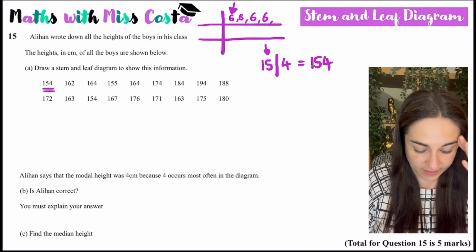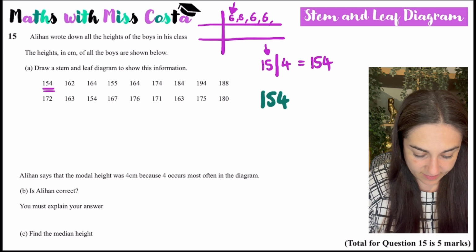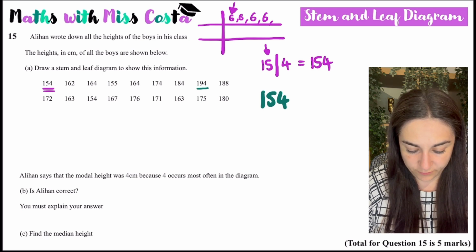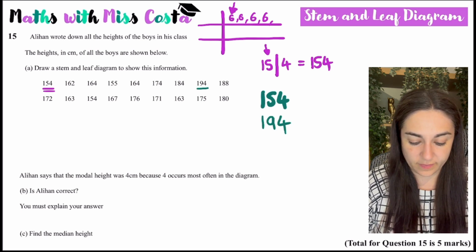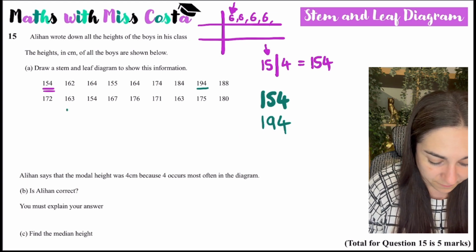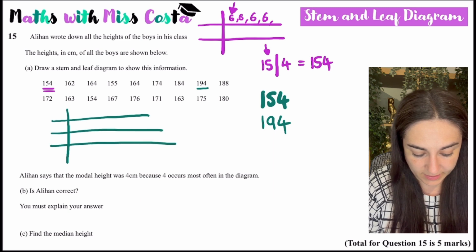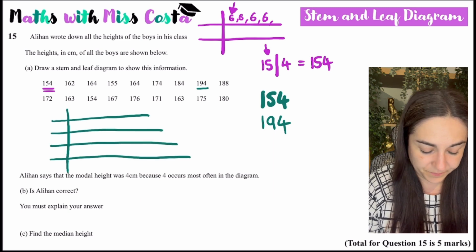So I think 154 might be the smallest, and the largest is 194 maybe. So that would be 15, 16, 17, 18, 19. I would need 5 rows. So 1, 2, 3, 4, 5.